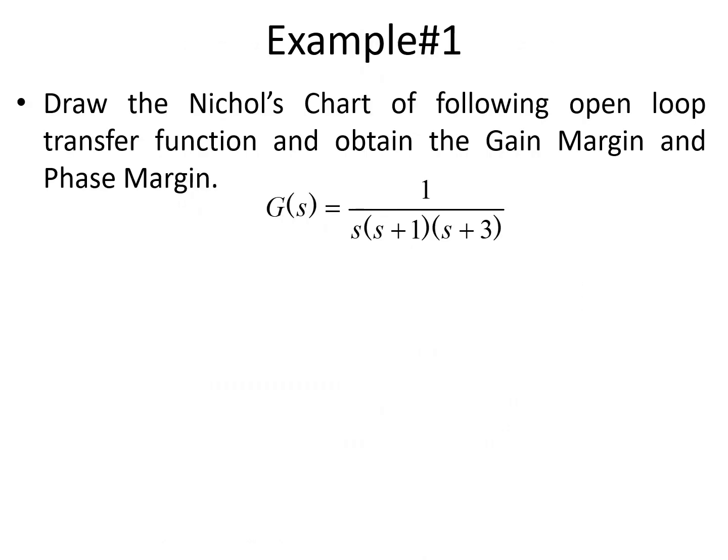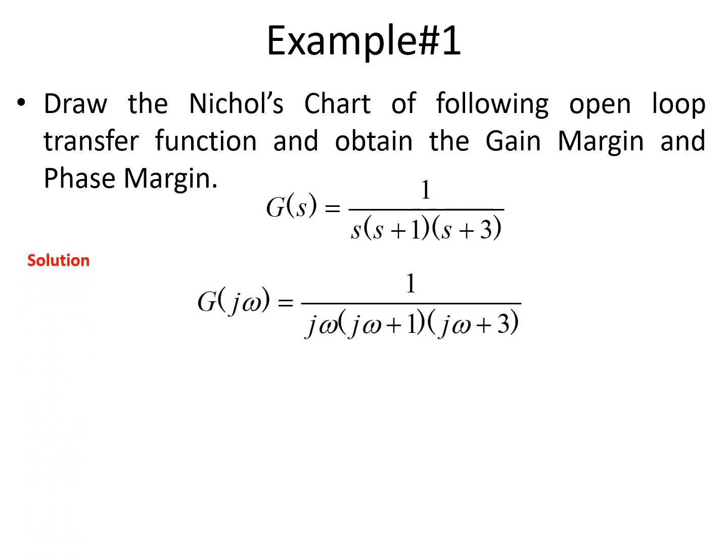So now let's draw the Nyquist chart of the open loop transfer function and obtain the phase and gain margin for this example. Here G(s) is given as 1 divided by s into (s plus 1) into (s plus 3). Now convert this into the frequency domain form by replacing s with j omega as usual, and simplify to get an expression in complex form.